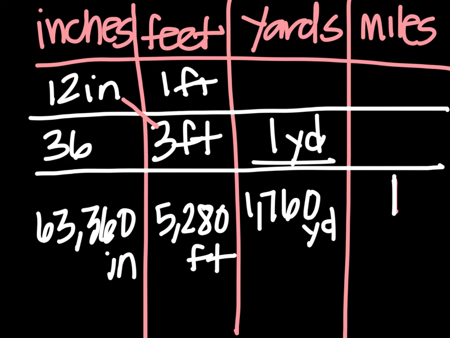So if I was going to measure a football field, I would probably measure in yards instead of inches because inches is going to take me a really long time. It'd be like using a yardstick versus a ruler, right? You'd have more rulers than you'd have yardsticks. So keep that in mind as you do your converting of measurements, that your numbers are going to get smaller the bigger the measurement. Kind of feels weird.